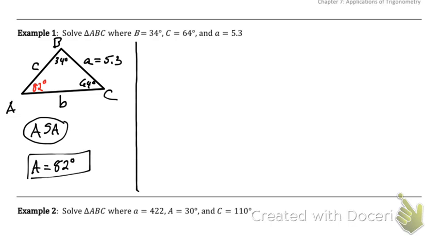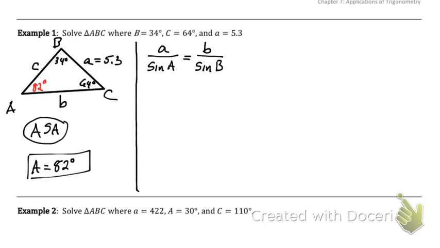And so we're going to list that as a divided by sine of A. And using our formula from the other side, that's going to be equal to, let's go ahead and find side b. Doesn't matter which one we find first, but I'm going to find side b, and that's over sine of angle B.